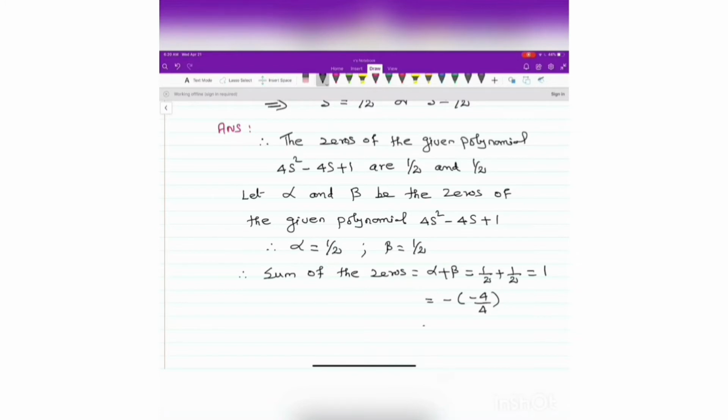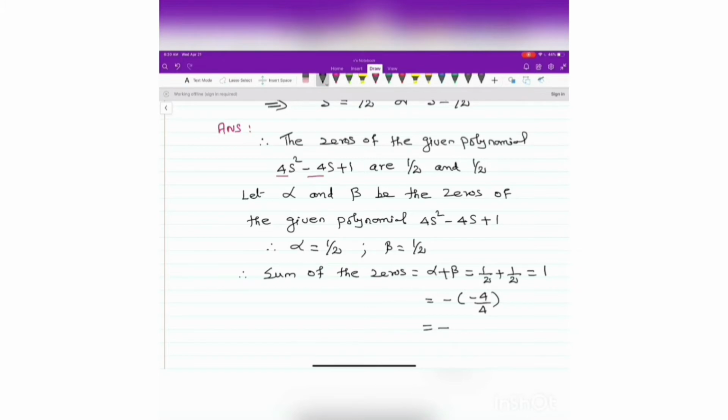So, this is nothing but minus, what is minus 4? If you see the given polynomial, minus 4 is the coefficient of s and 4 is the coefficient of s square.